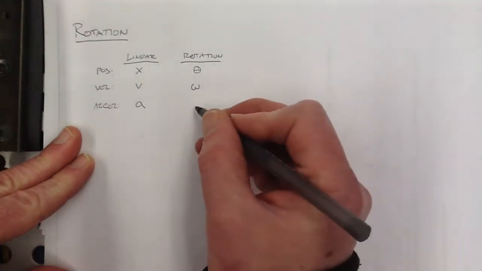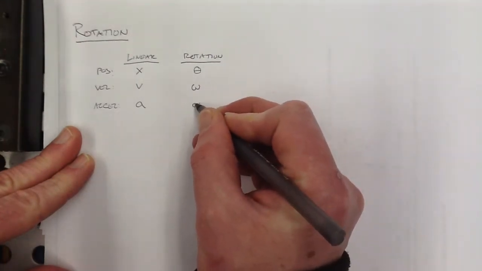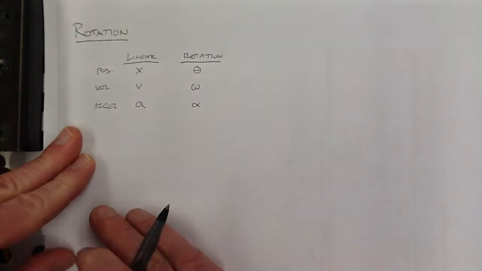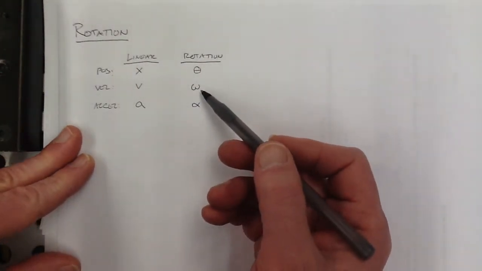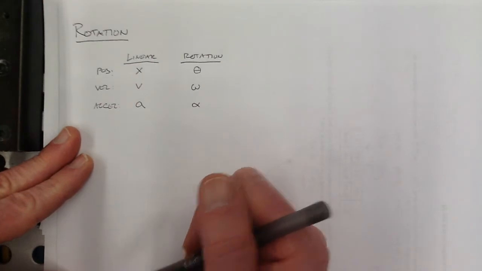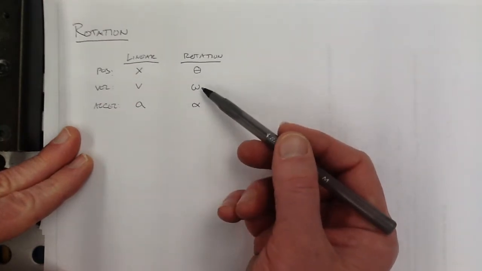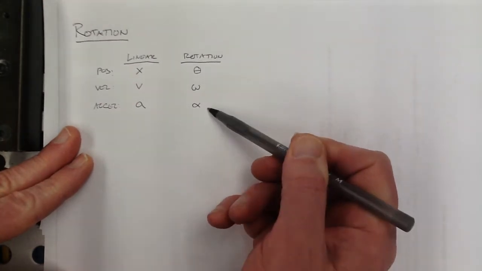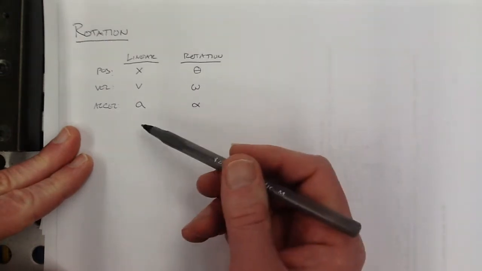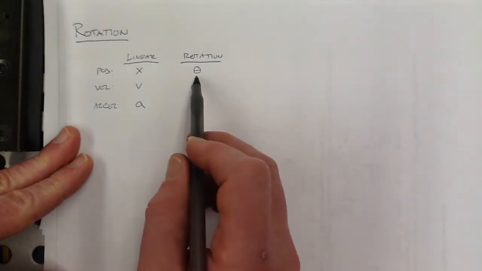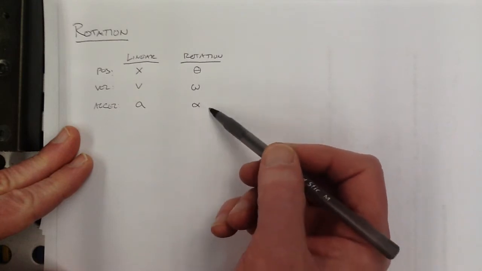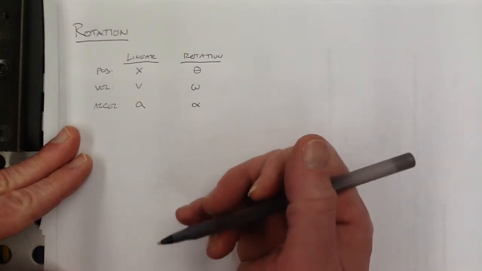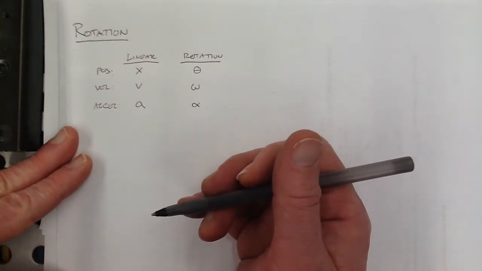And acceleration is lowercase alpha, which kind of looks like a fish. And I guess that kind of looks like somebody's butt. So theta, omega, and alpha. It's a good idea to know these. Of course I know you know this is theta. That one's been kicking around for a while. Lowercase omega and lowercase alpha. Those are our rotation variables.